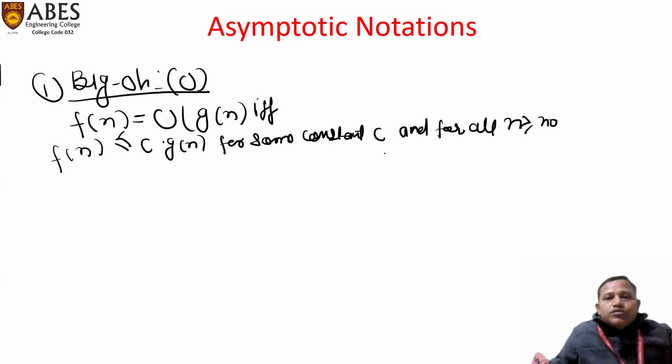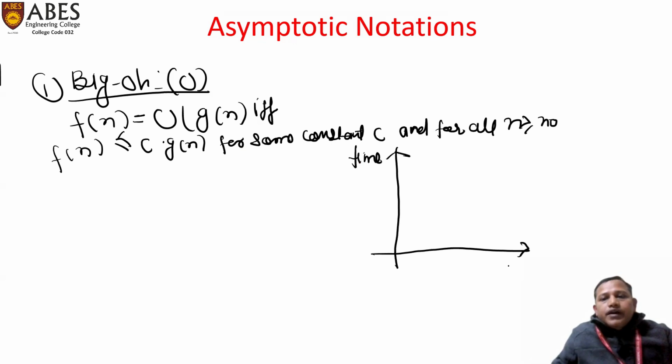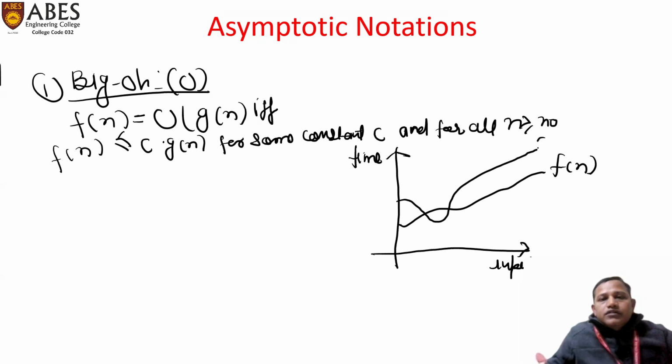To explain this notation, I will take help of this graph. This graph is between time and input size of the function, represented as n. Suppose there is a function f(n) growing like this and another function c into g(n).